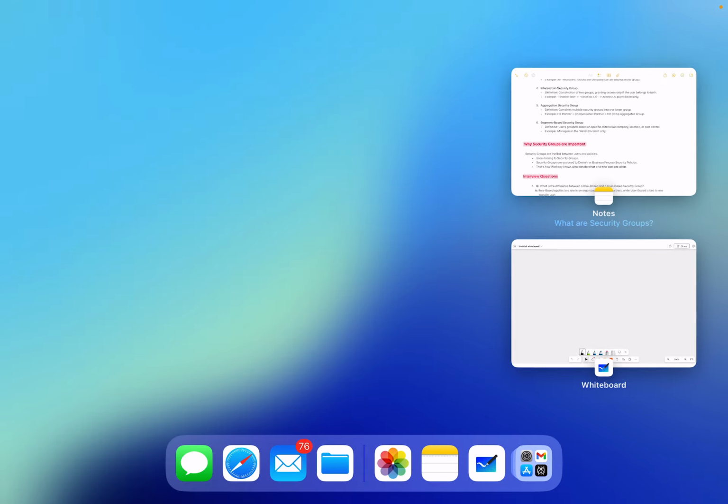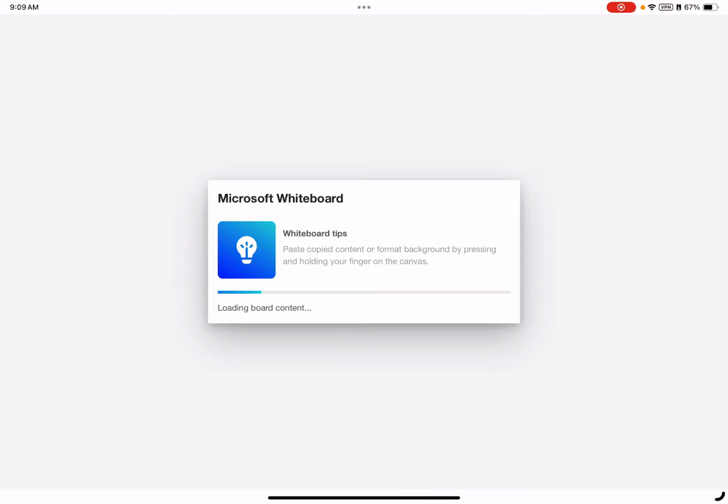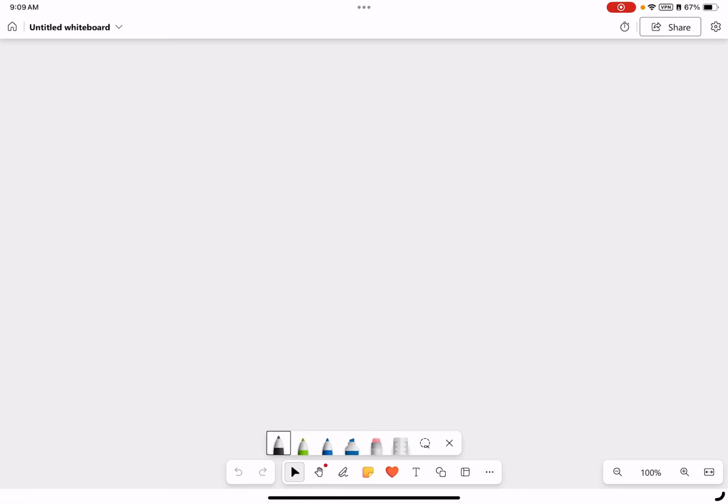Let's see the simple diagram. Workday security groups. That is the security group.